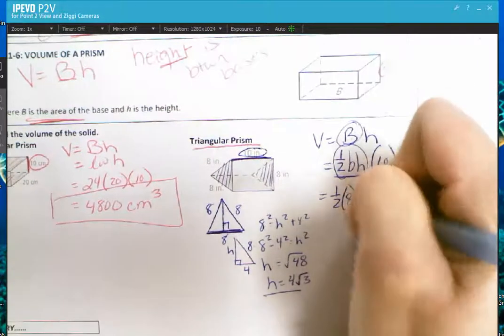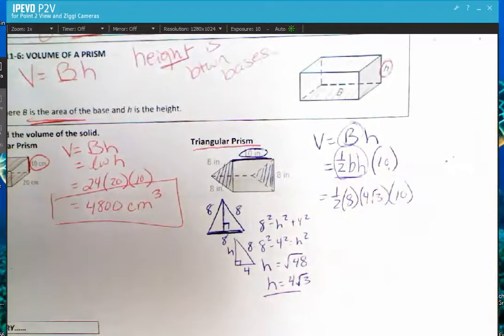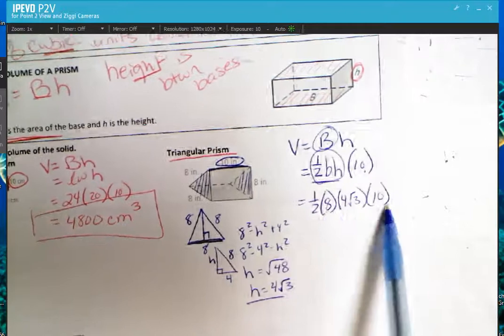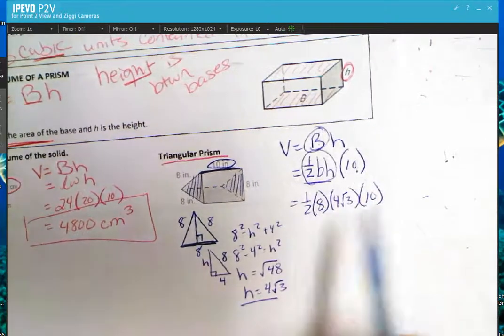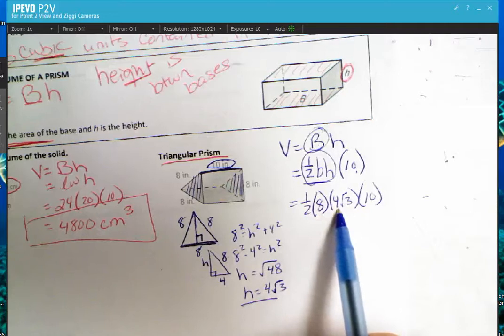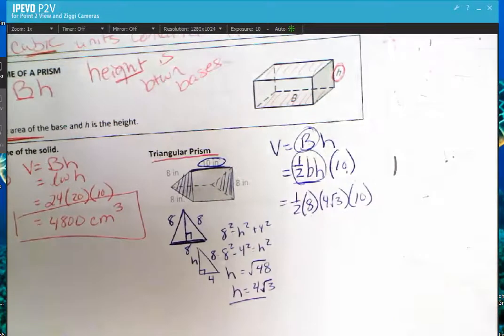So I'm going to back up to my original, 4 radical 3 times the 10 I already found between the bases. Get in the habit of writing it out and then finding the missing pieces over on the side somewhere. 1/2 of 8 is 4. 4 times 4 is 16. I'll do my math with 16. This is the distance between, which is 10.